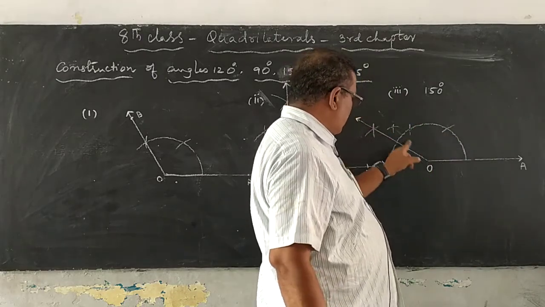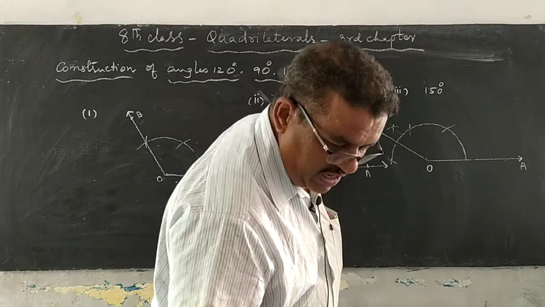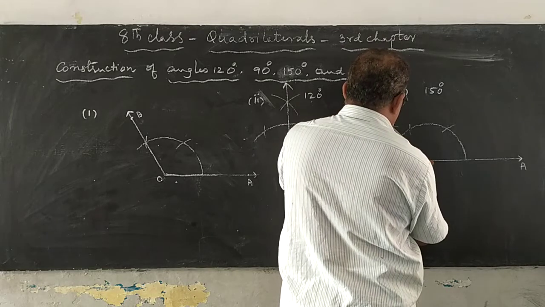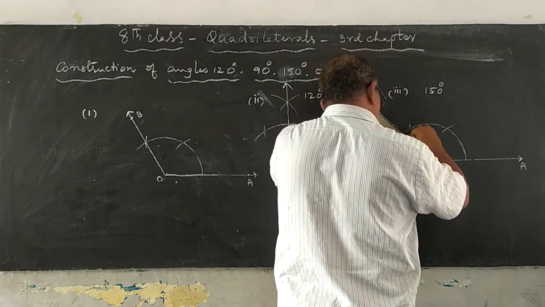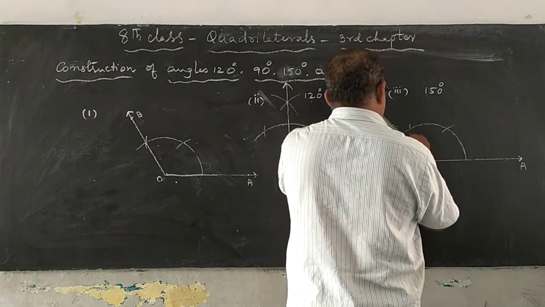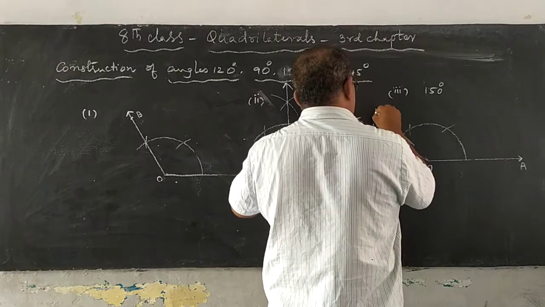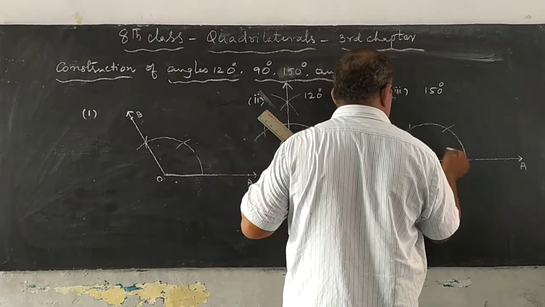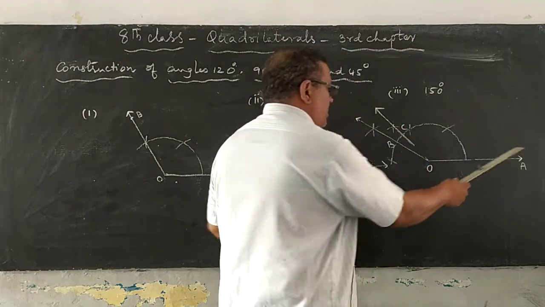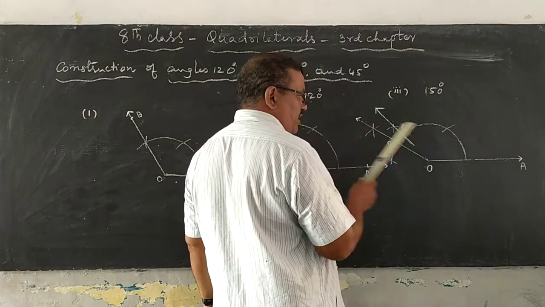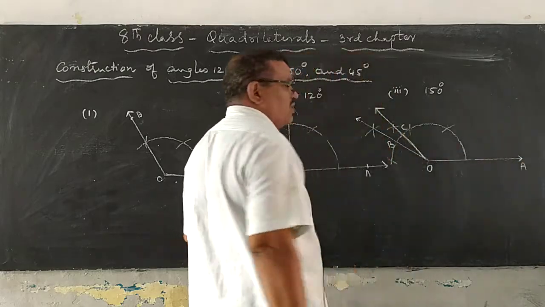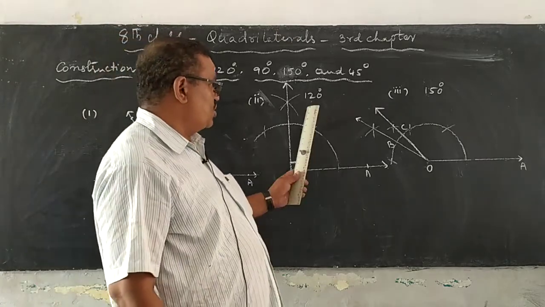When we join this one, this is the 135 degrees angle. This is A, this is B, this is C. Angle AOB is 150 degrees. Angle AOC is 135 degrees. This is the construction of that angle.